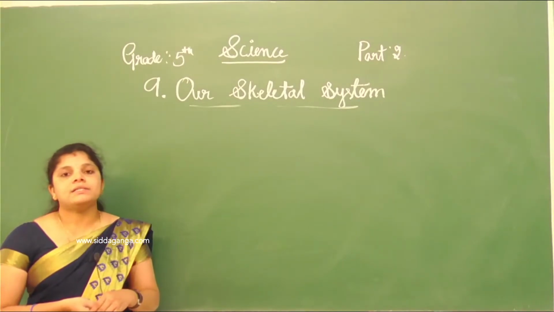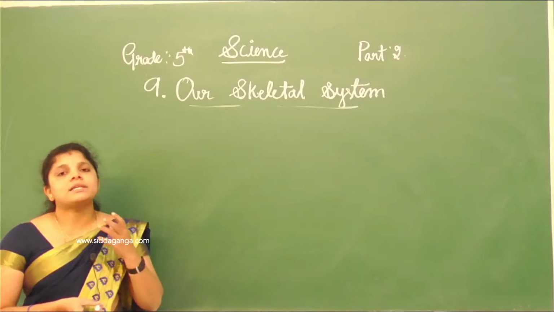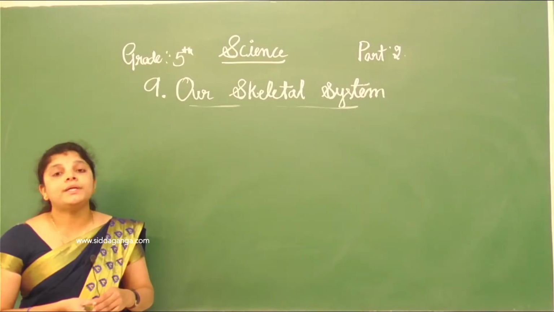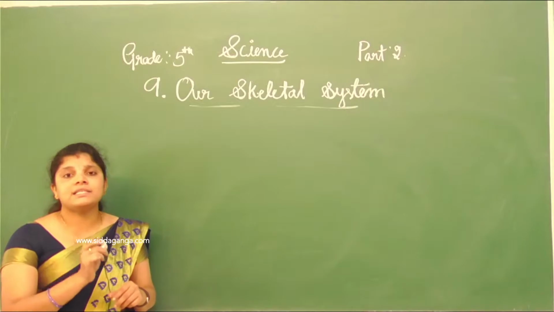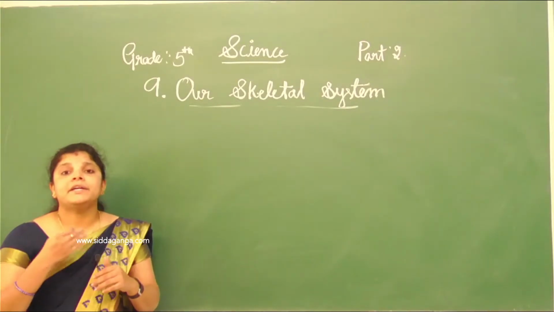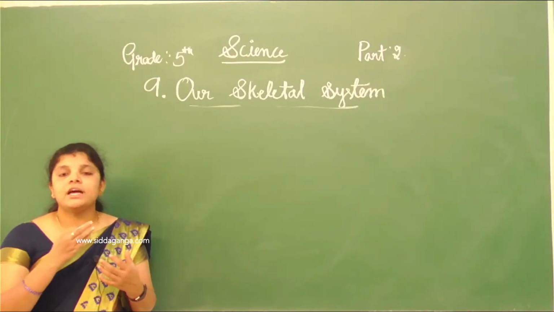As we learned about the skull, it protects our brain. It consists of 22 bones. These 22 bones are fixed except the lower jaw. The lower jaw helps us talk and eat, to cut food. Teeth are attached to the lower jaw and upper jaw.